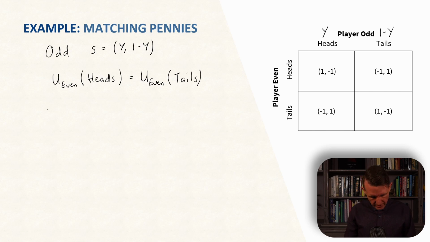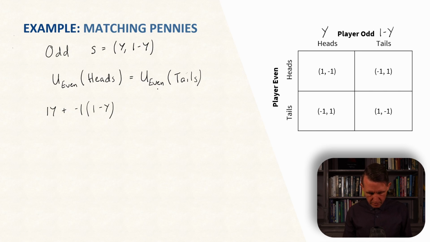Therefore, this would be 1y plus minus 1, this outcome, times 1 minus y would be the expected utility of playing heads.